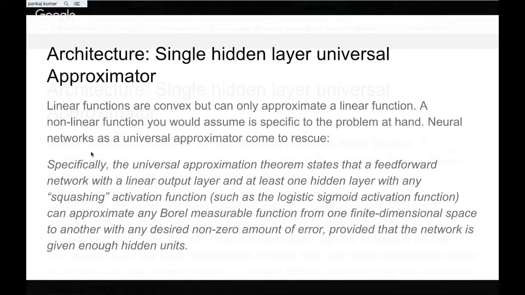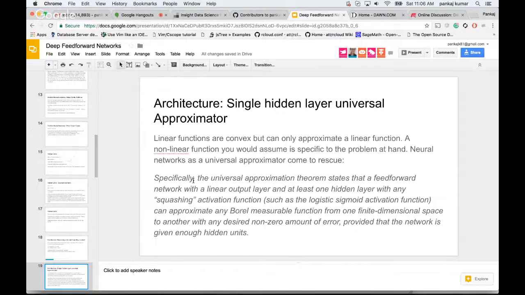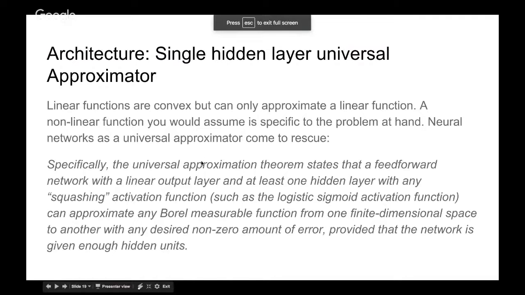But neural networks have this nice theoretical property that says you could approximate any nonlinear function, even though it becomes non-convex.